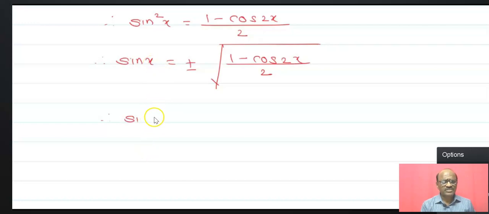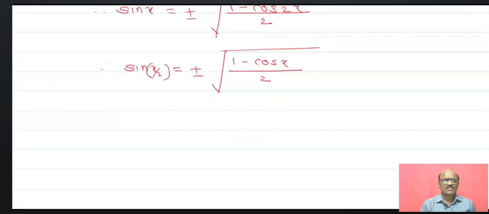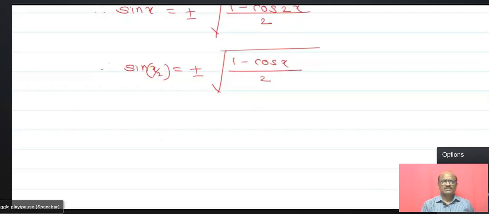Sine of x by 2 is equal to plus or minus the root of 1 minus cos x, whole divided by 2. This is important. Now when this is 2x, here it is x by 2, then it becomes x.